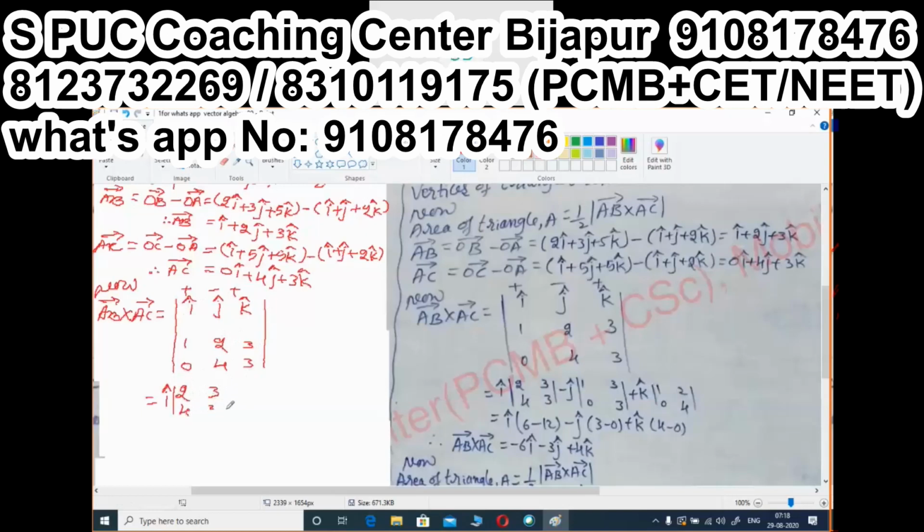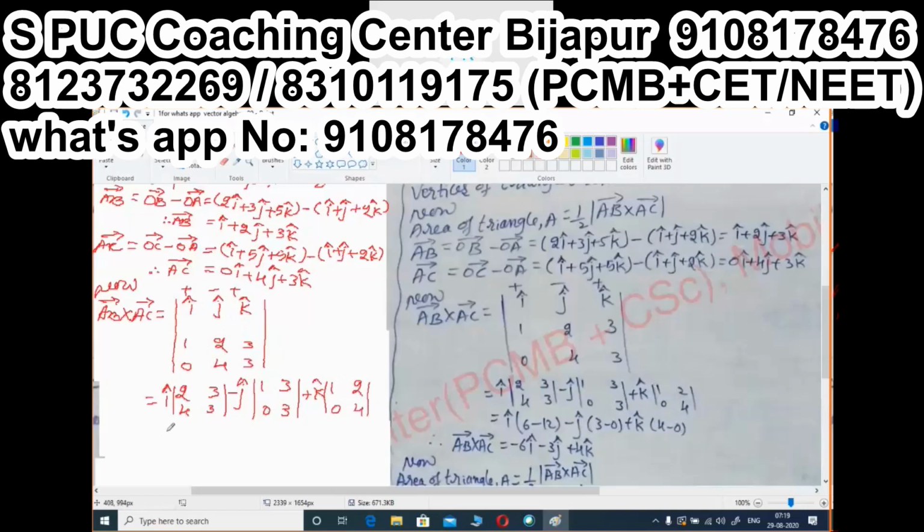Minus J cap of: leave this complete column and this complete row, the remaining elements are 1, 3, 0, 3. Next, K cap of: leave this column and this row, write the remaining: 1, 2, 0, 4.